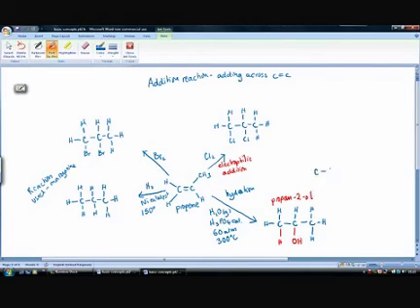Alternatively, the double bond can spring open another way, and the OH can add on to the first carbon. So in this case, the OH group will add on to the first carbon, and so produce propan-1-ol. So in that reaction you get two different products.